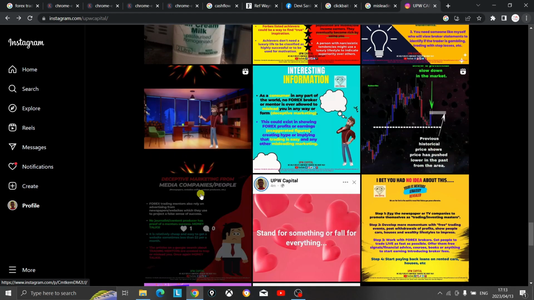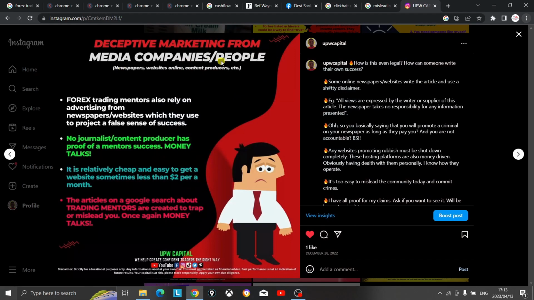Incomes are going. Look at this deceptive marketing from media companies. So people, check this out. Forex trading mentors also rely on advertising from newspapers or websites, which they use to project a false sense of success. No journalist or content producer has proof of any mentor's success. Money talks.